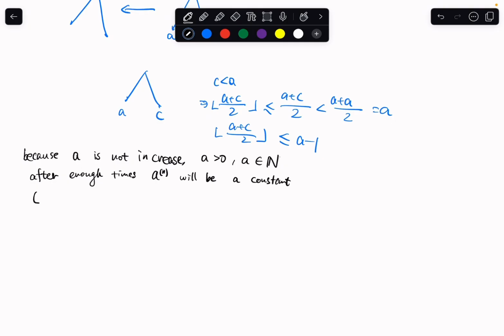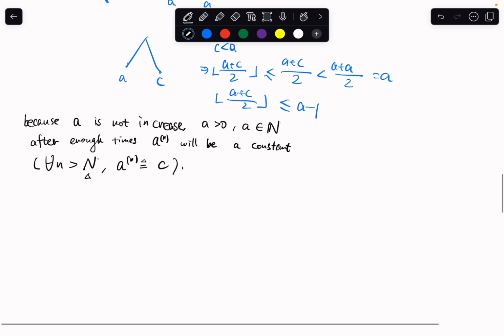So like for any n greater than some given number, An will be a constant, like just present as C, just like this.